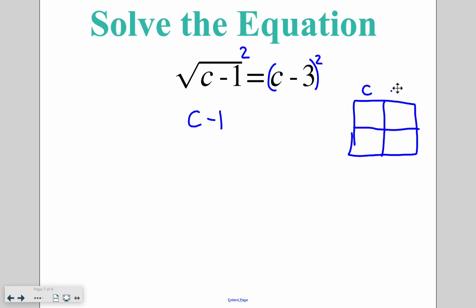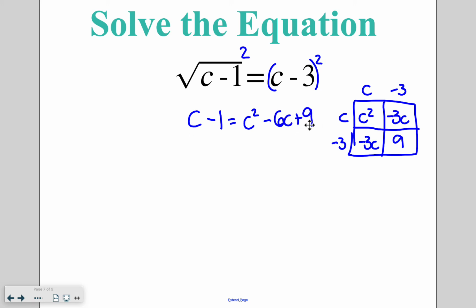So c minus 3 times c minus 3, because remember, squaring means multiplying by itself. So that gives me c squared, negative 3c, negative 3c, and a positive 9. So when I combine that, it's going to give me c squared minus 6c plus 9.